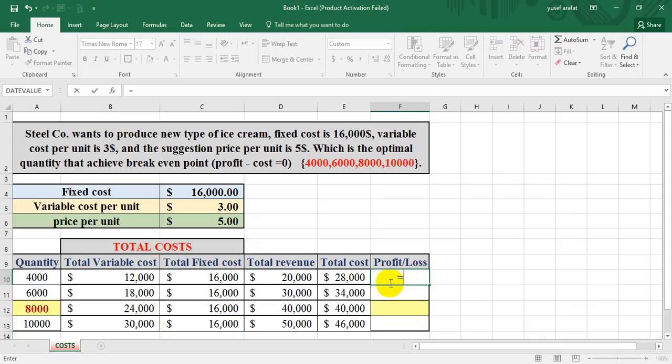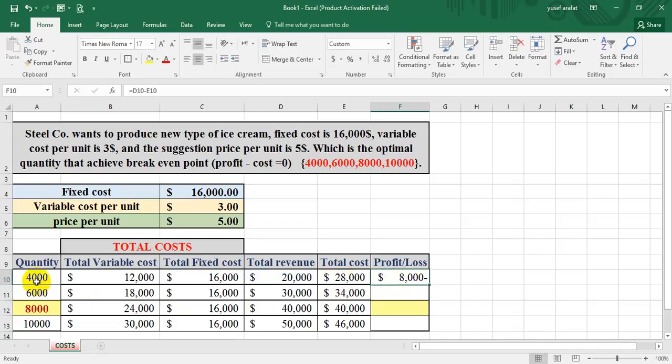Profit or loss, we can find by total revenues minus total costs, which equals 8,000.